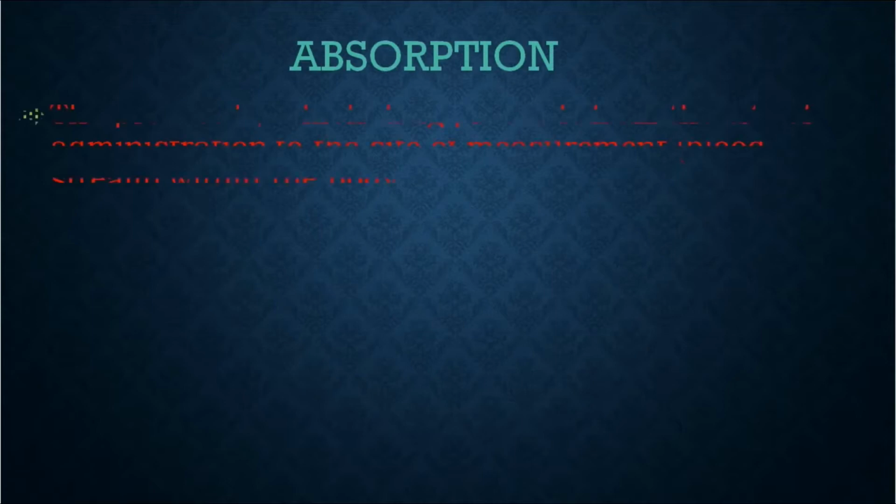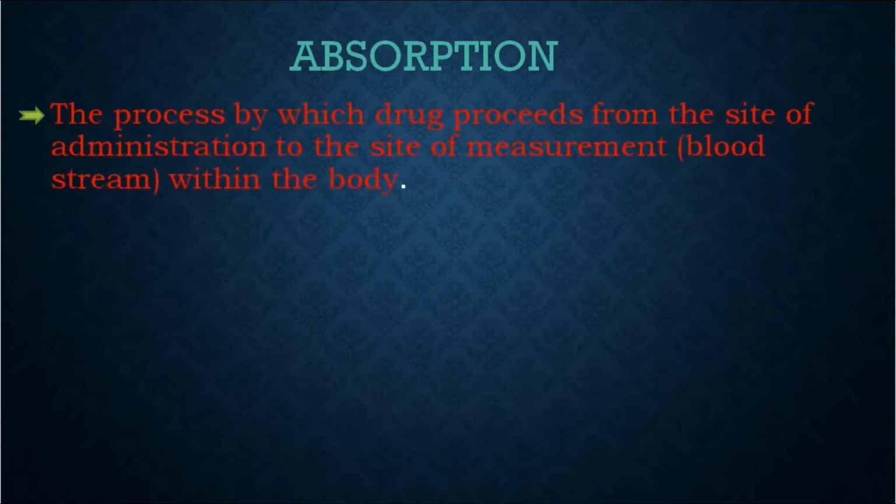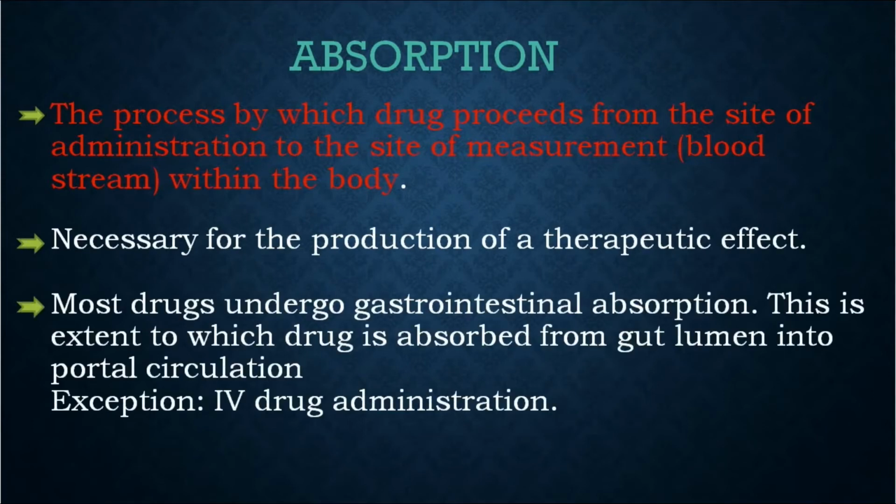Absorption is the process by which a drug proceeds from the site of administration to the site of measurement, that is the bloodstream within the body, which is required to produce therapeutic effect. Oral drugs undergo gastrointestinal absorption, in which the drug is absorbed from the gut lumen into portal circulation.